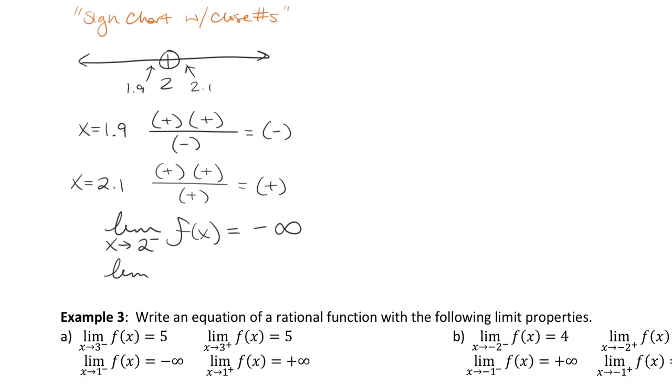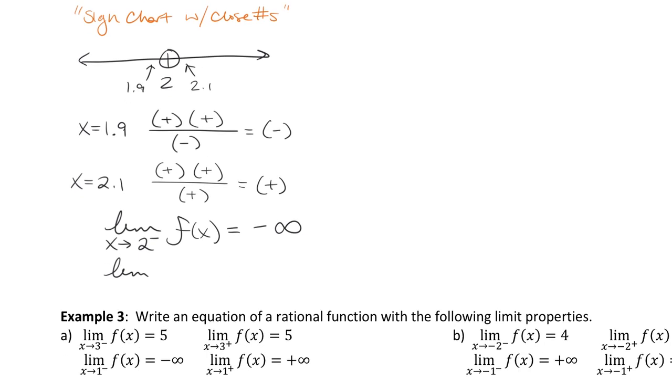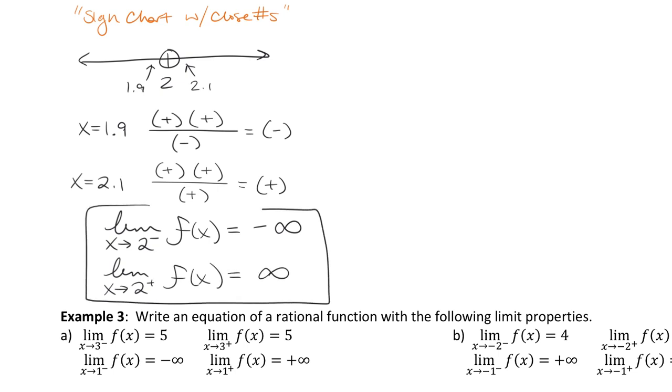Since on the very, very right side, 2.1, we're pretty close to 2 but on the right side of 2, and we got a plus sign, it'd be positive infinity. So to write these limit statements, we create a sign chart with close numbers. Just go barely below it and barely above it, so we know what's happening as we get close.